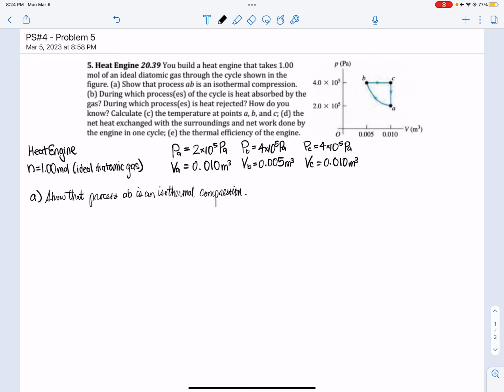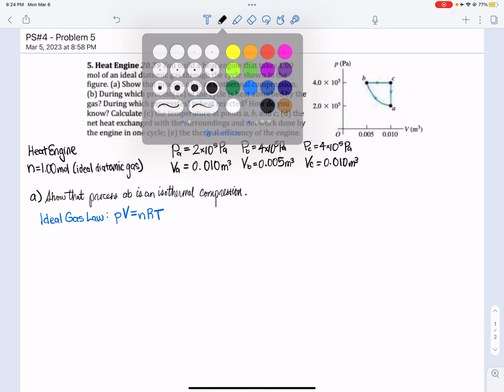I will use the ideal gas law to do that, which is PV equals nRT.